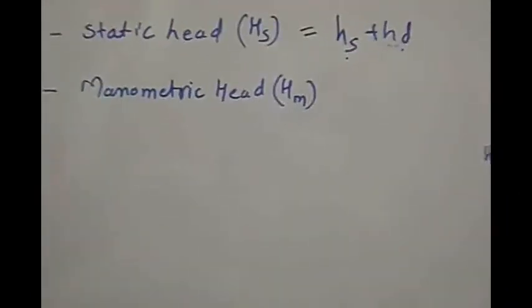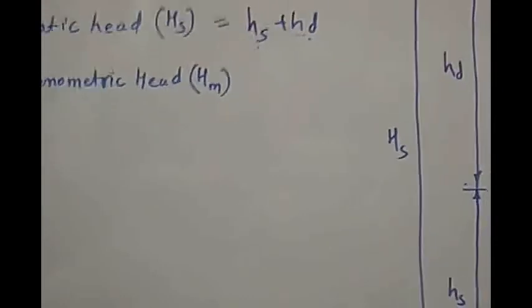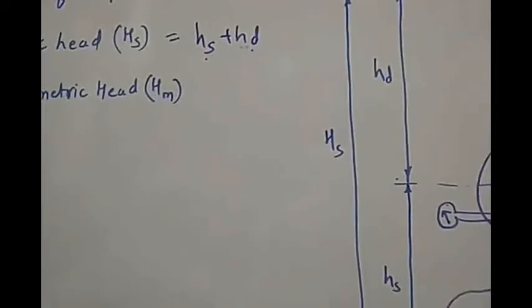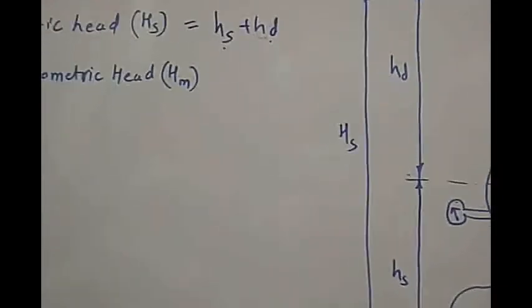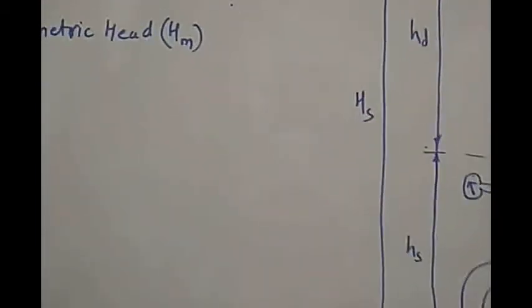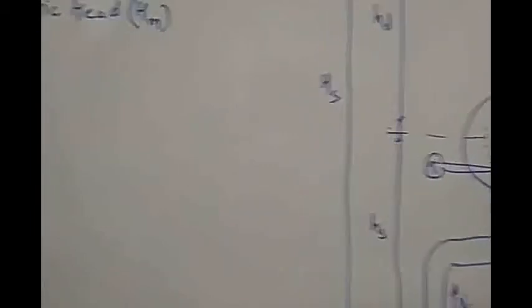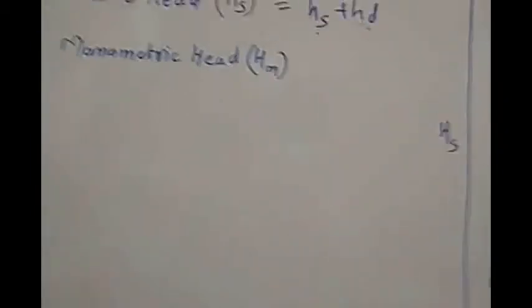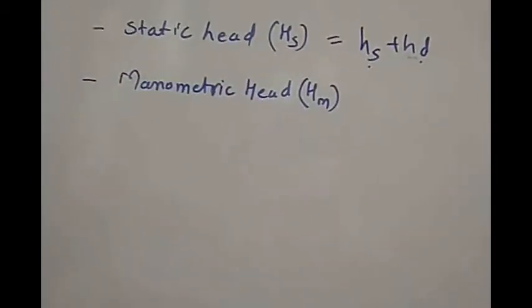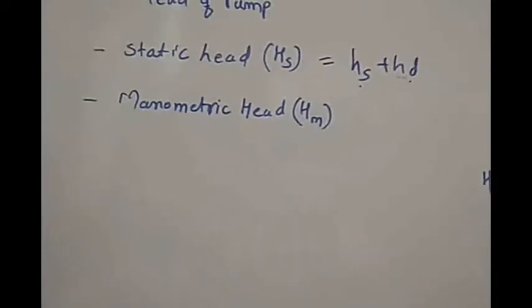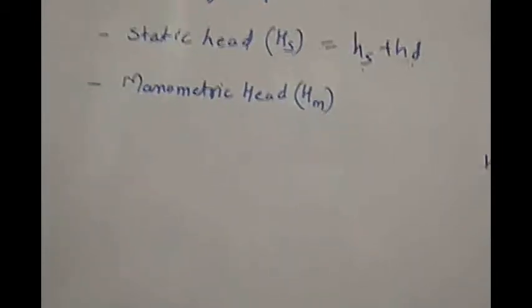HM. Now the manometric head is also called the total head. This is the total head that must be produced by the pump to satisfy the external requirements. In short, the manometric head has to also overcome the various losses.